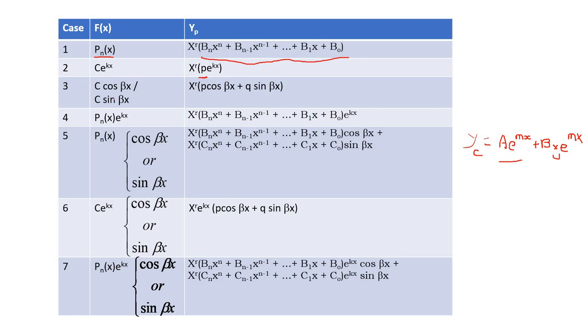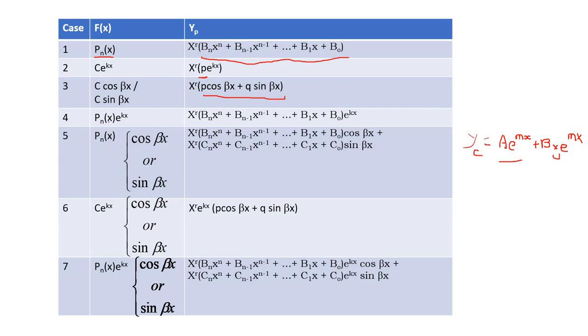The third case, if f(x) is trigonometric, sin or cos, let's say c cos beta x or c sin beta x, then you should choose your yp as p cos beta x plus q sin beta x. If the yp clashes with your yc, then multiply by x.